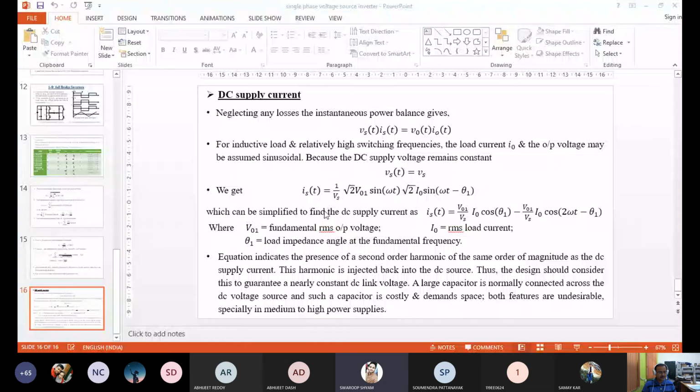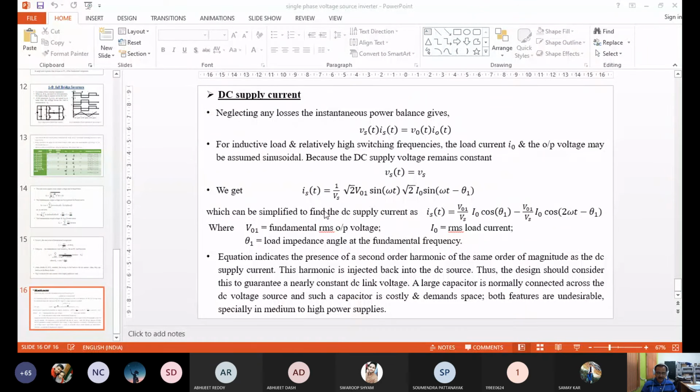And sir, in the last, there is some formula written with ESR, V naught ESR. Please explain that formula, sir. ESR means equivalent series resistance. Actually, we are taking an ideal capacitor, but capacitors are not ideal.